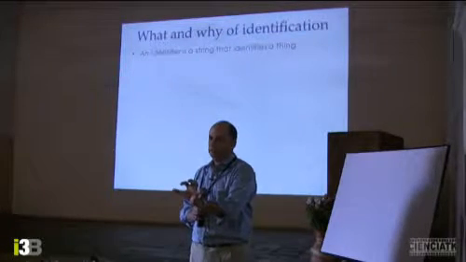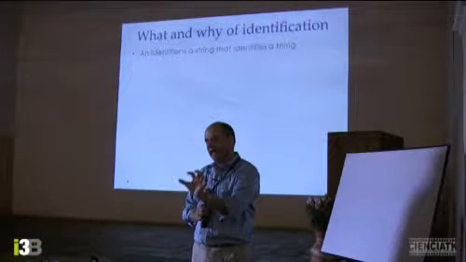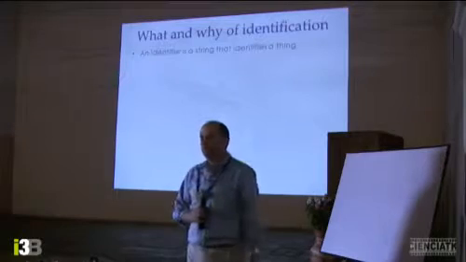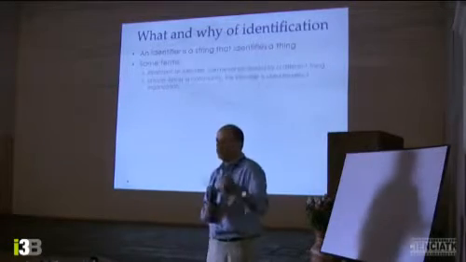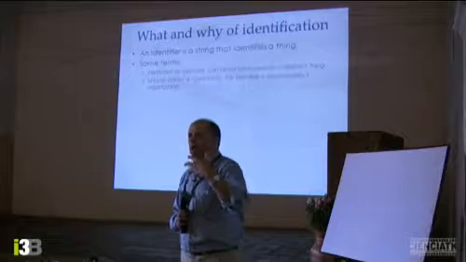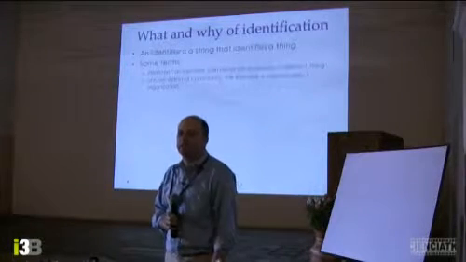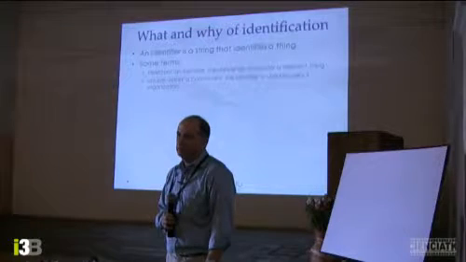That's all that means. But what we do is we then attach that as the name of some specific thing. And we're going to talk about characteristics of identifiers that are particularly useful and important.